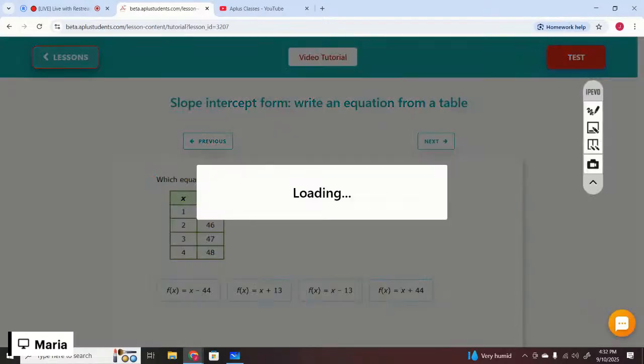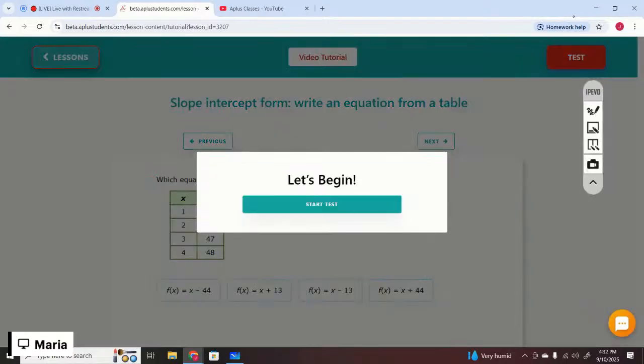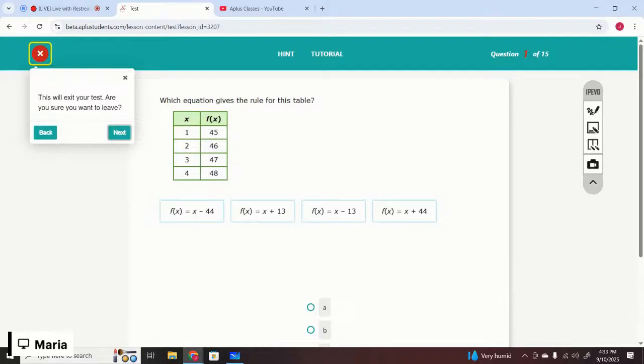Let's just start with the test questions. Which equation gives the rule for this table?